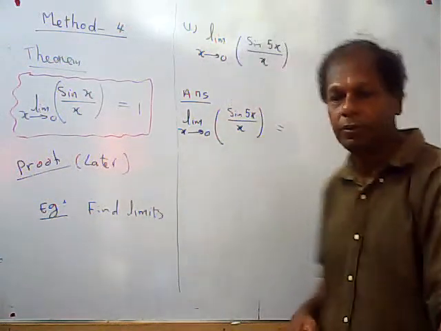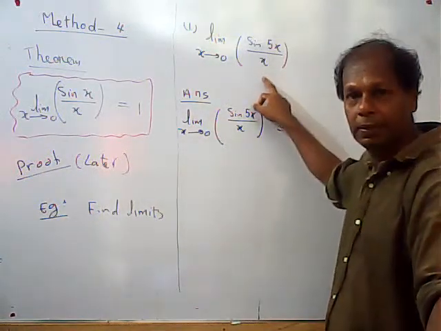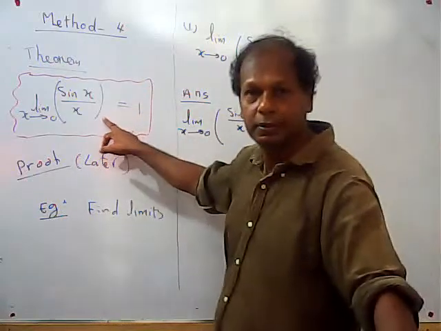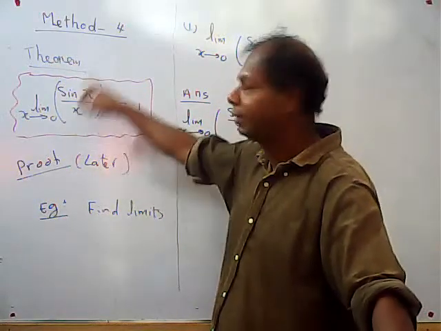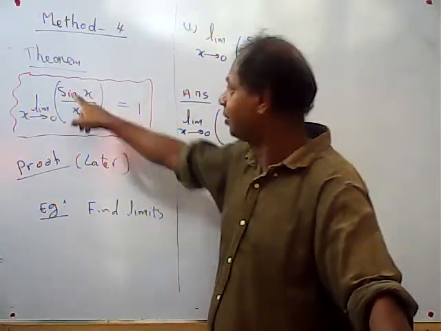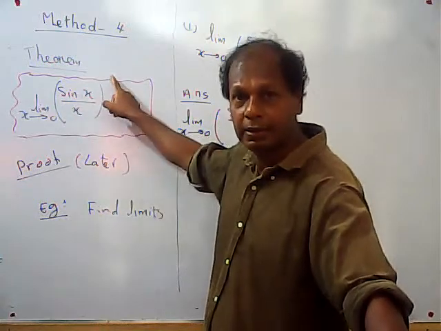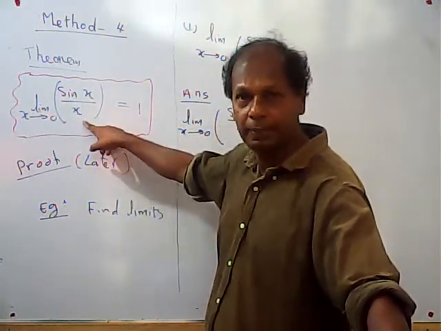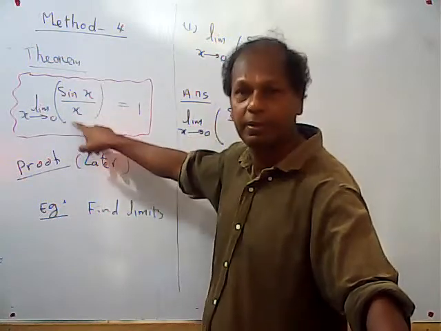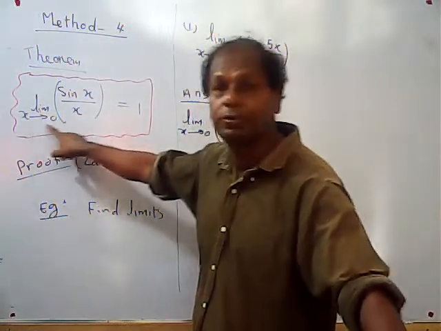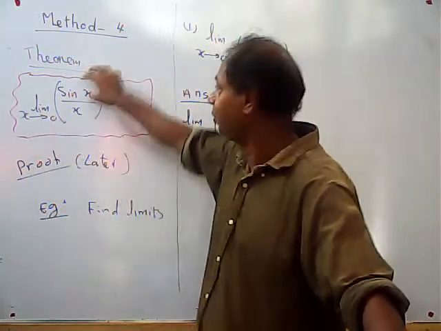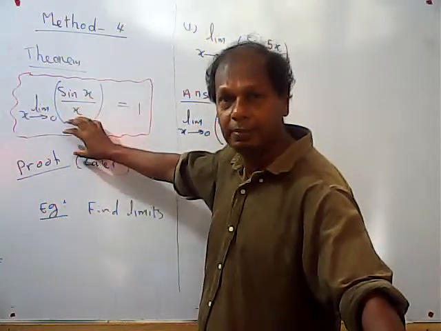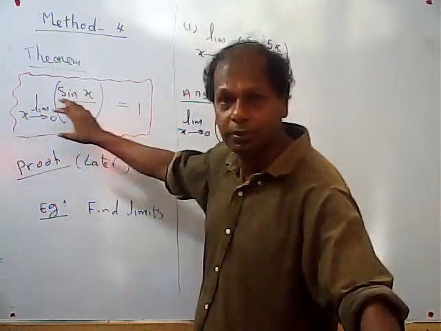Okay, before discussing the example, see the form of this theorem, right? Sin of some angle, divided by the same angle, and that angle goes to 0.